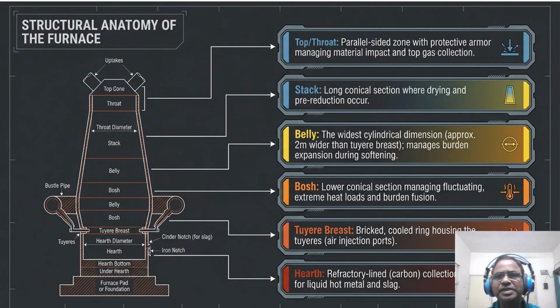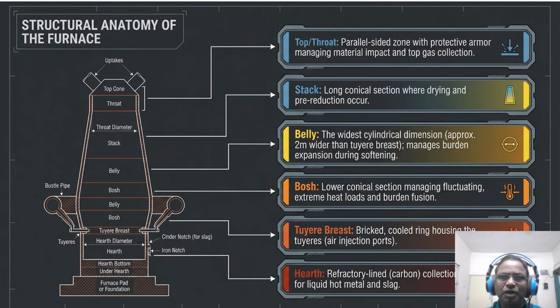Now, this structural design protects the hearth, a carbon-lined collection basin where our liquid products aggregate, and it's supposed to be one of the most important parts of the furnace.